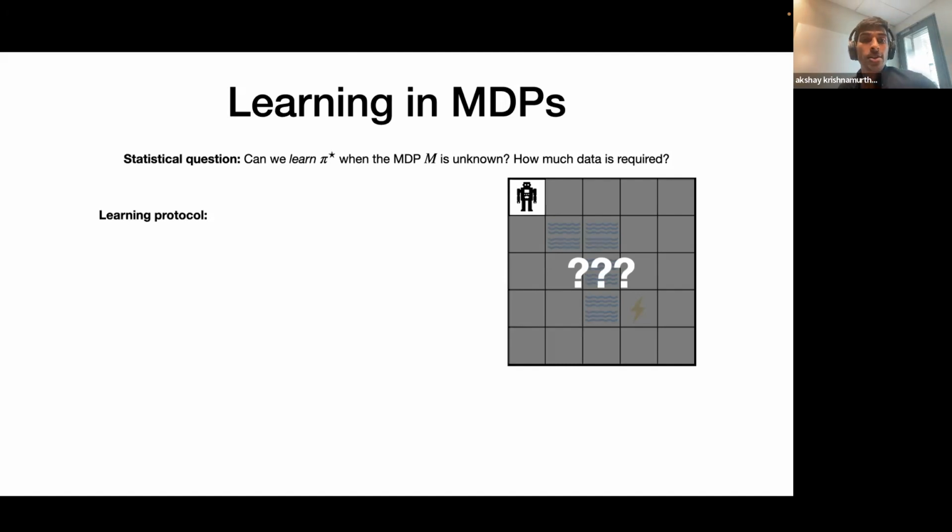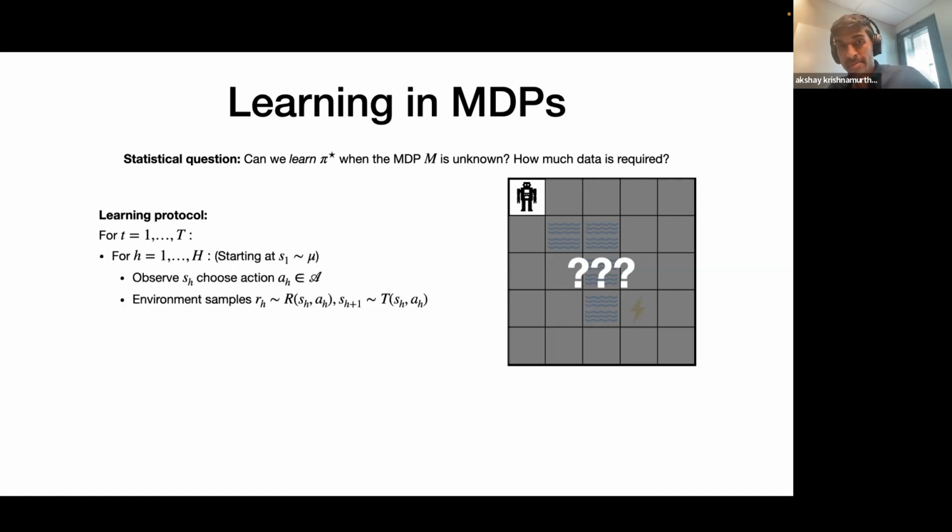To formalize this, the learning protocol is we're going to complete capital T episodes. In each episode, we roll out one episode like I showed you earlier. You start from the starting state, and at each time step you observe the current state, you get to choose what action you want, and then the environment will advance the dynamics and the reward.